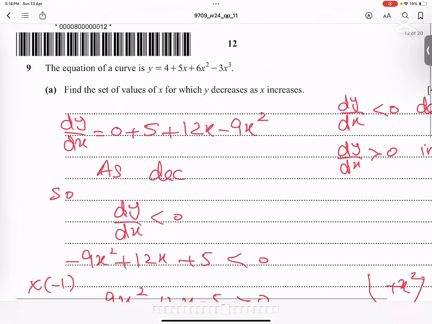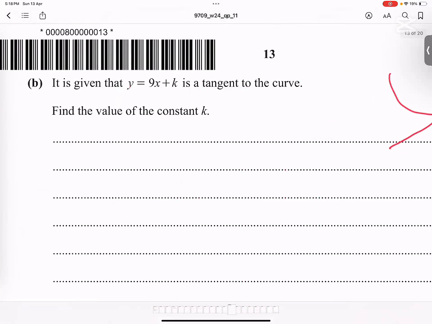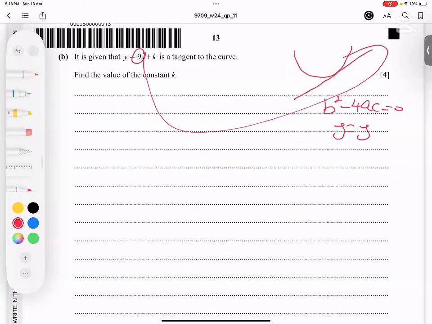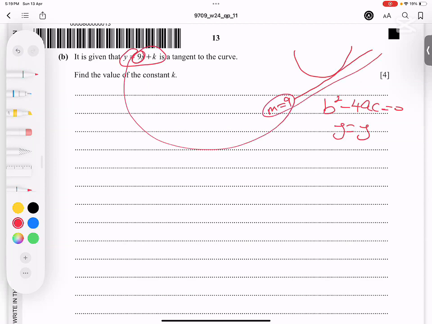In this next part, he said that there is a tangent. As a tangent, 9 is the gradient of the line. I repeat my words: y is equal to mx plus c, and 9 is the gradient of this tangent. And this point I can find easily. How to find this point? I need the derivative of the curve, and I will plug in 9 for it.